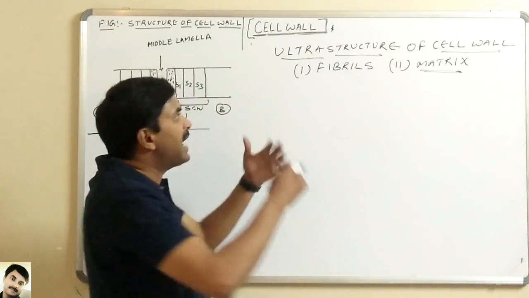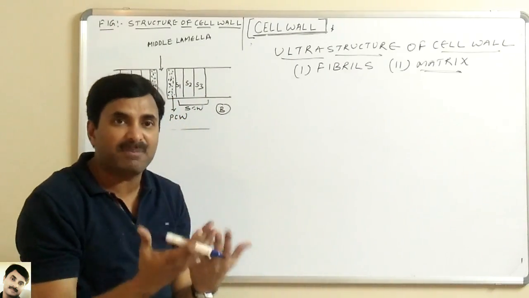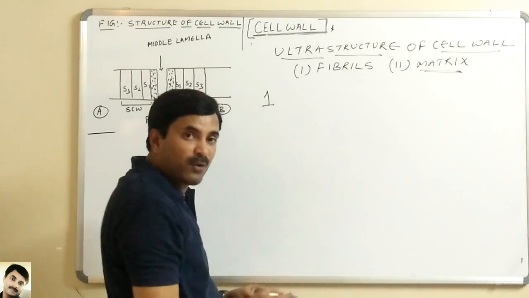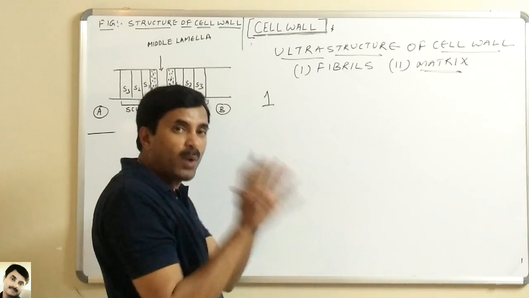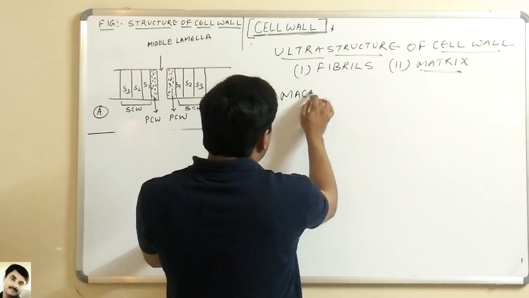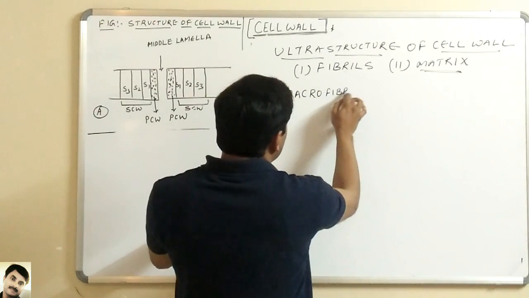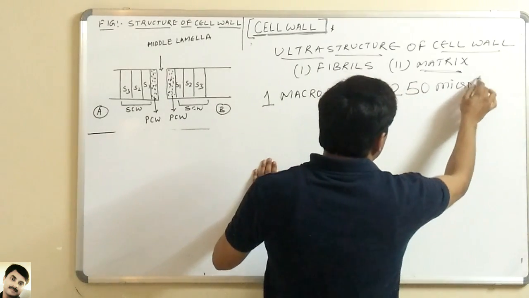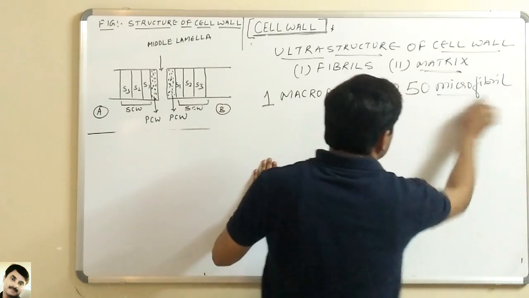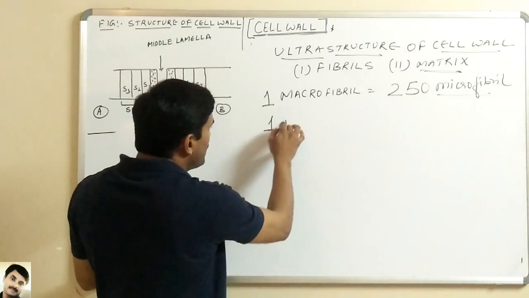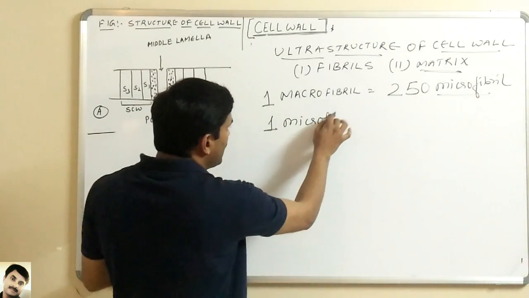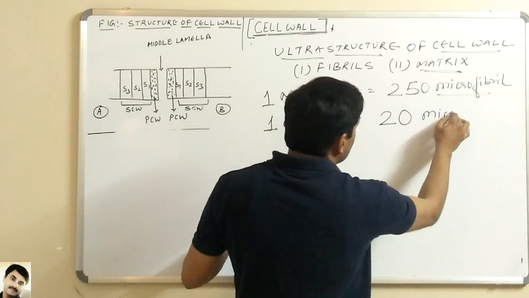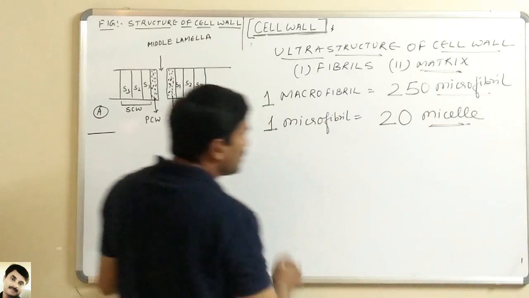Now what happens? There are many macrofibrils in the cell wall. Out of that many macrofibrils, I will be talking about one macrofibril. So remember, one macrofibril is equal to 250 microfibrils. Now, one microfibril is made of 20 micelles.